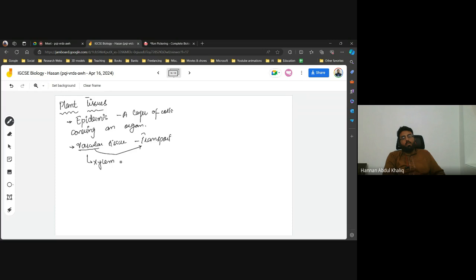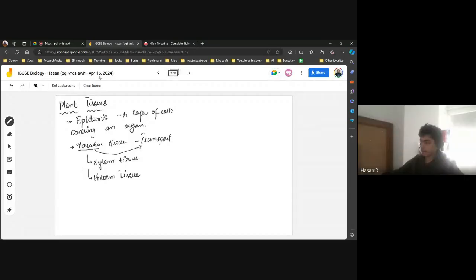One is called xylem tissue, and the other is called phloem tissue. These are the tissues in which cells arrange to perform the transportation task. Understood? Yeah.